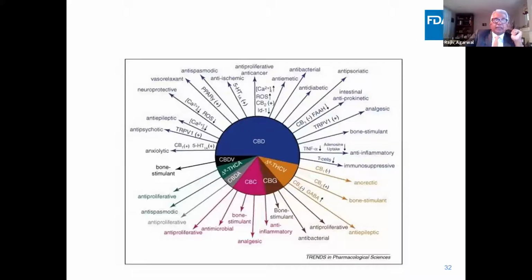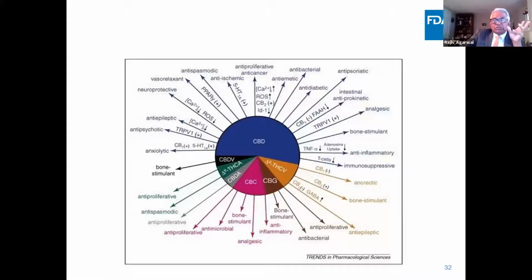They are all present in the plant. And then you have THCV, which is again a very important component and, as you can see in this slide, has been used in different studies that I noticed in the literature.